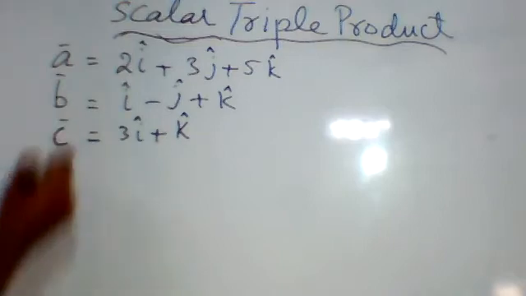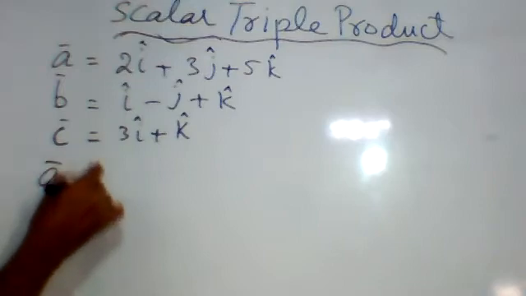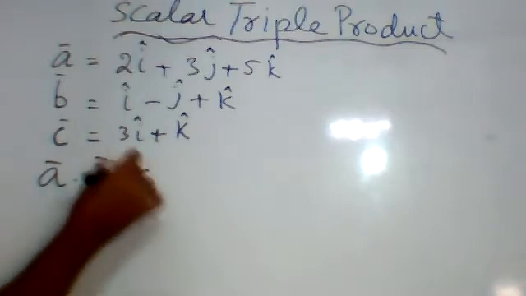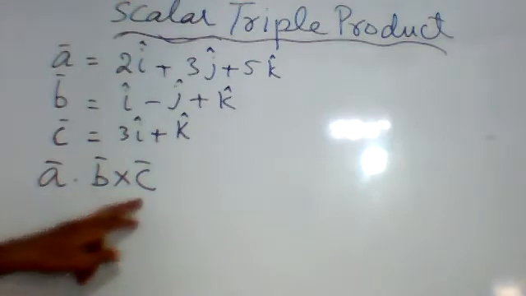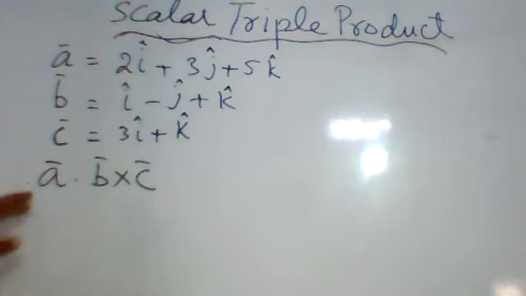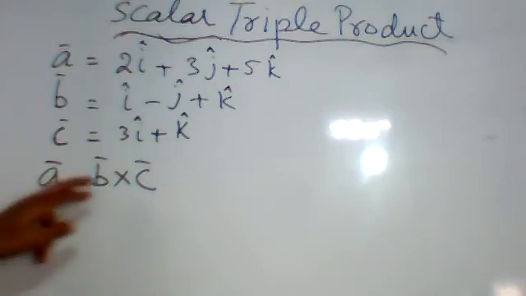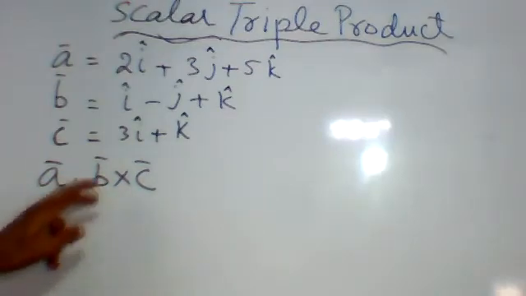So there are three vectors A, B, C. So A dot B cross C. The answer will be a scalar. First of all, we will find B cross C. We can't find A dot B first. No, B cross C first.